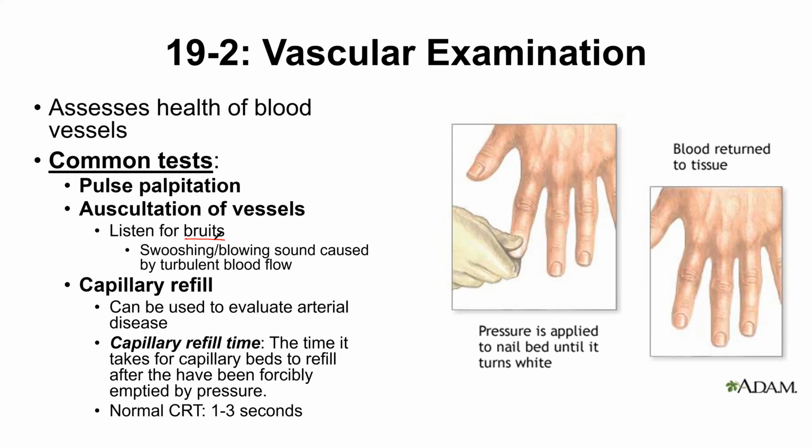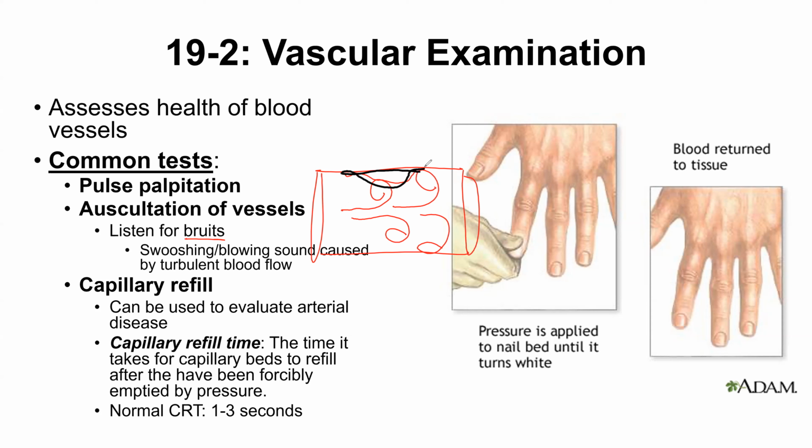The best way for me to describe bruits is kind of to compare it to a windy day. And you know, when it's blowing like crazy, it goes maybe something like that, and you can hear a whistling sound. It's sort of the same thing in blood vessels. So imagine that we put blood in a blood vessel, and maybe there's some plaque buildup.